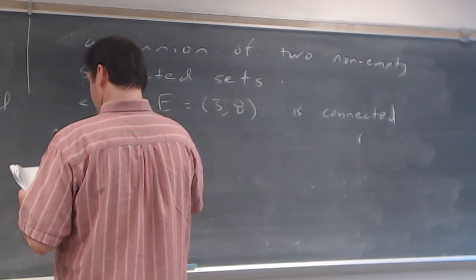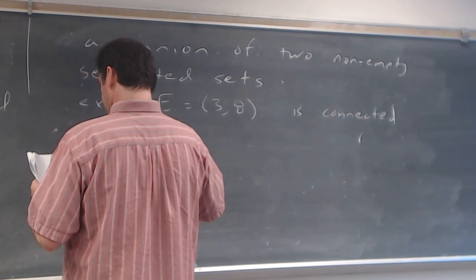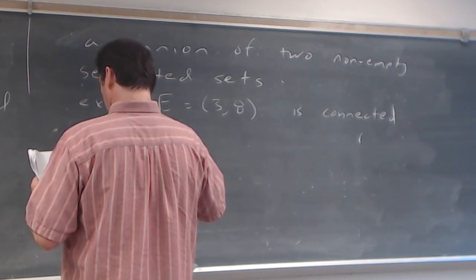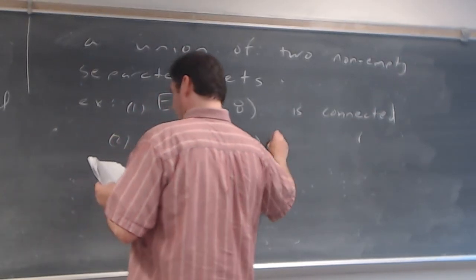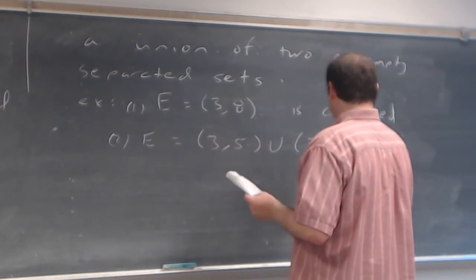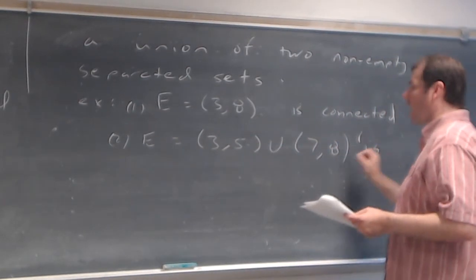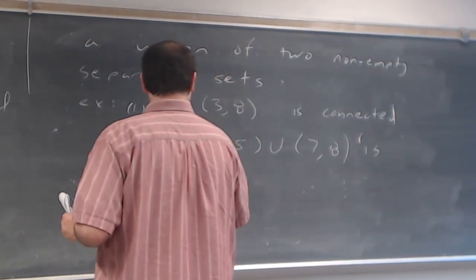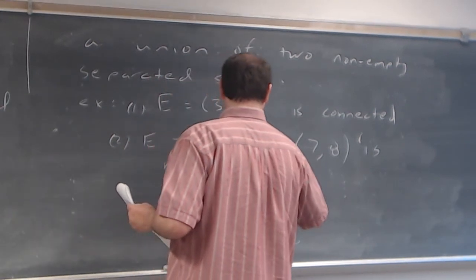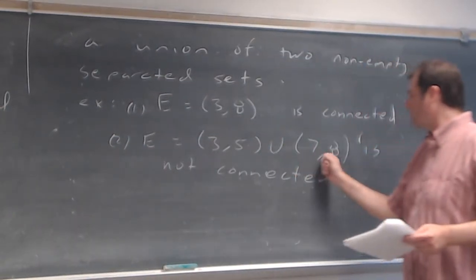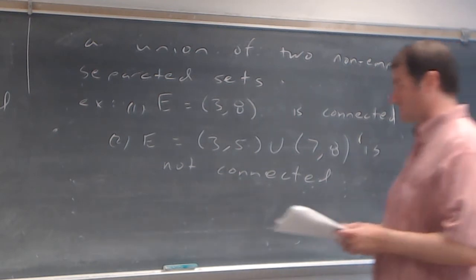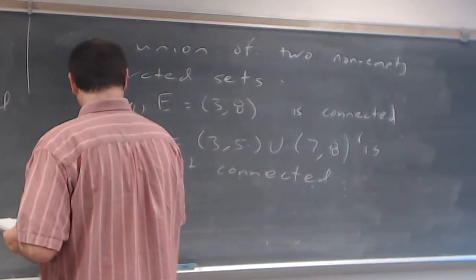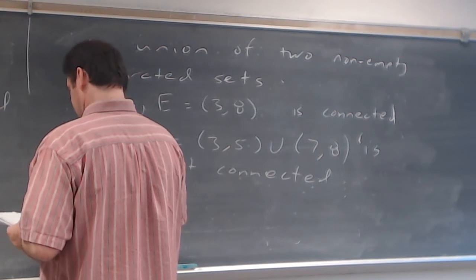My second example is if you have E equal to [3, 5] union [7, 8]. That is not connected, as [3, 5] and [7, 8] are two separated sets. And so it is the union of two separated sets.